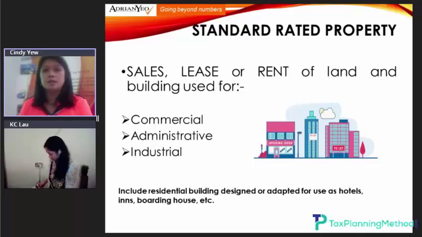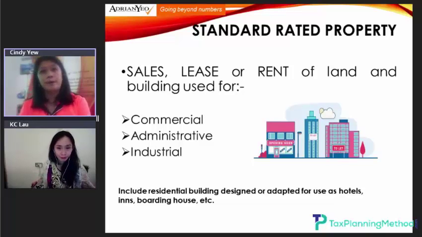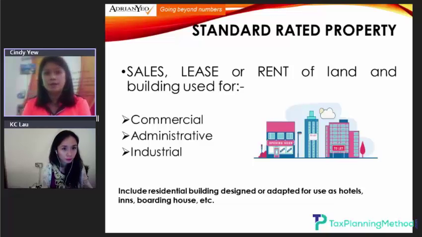Okay, let's move on. The first one is the GST impacts on the property and types of property. This is the standard rated property. The supply could have many types. For the land, we could have the supply of goods or supply of services. If this is the transfer of the ownership or the title, this is considered as supply of goods.